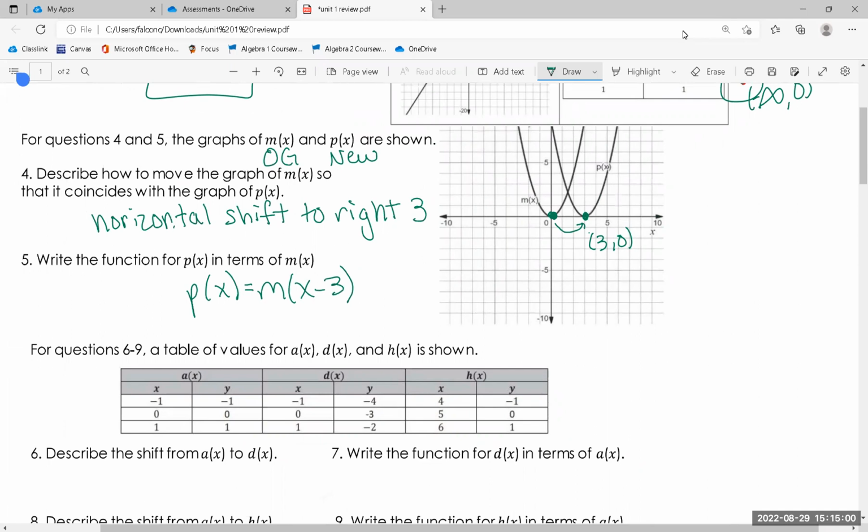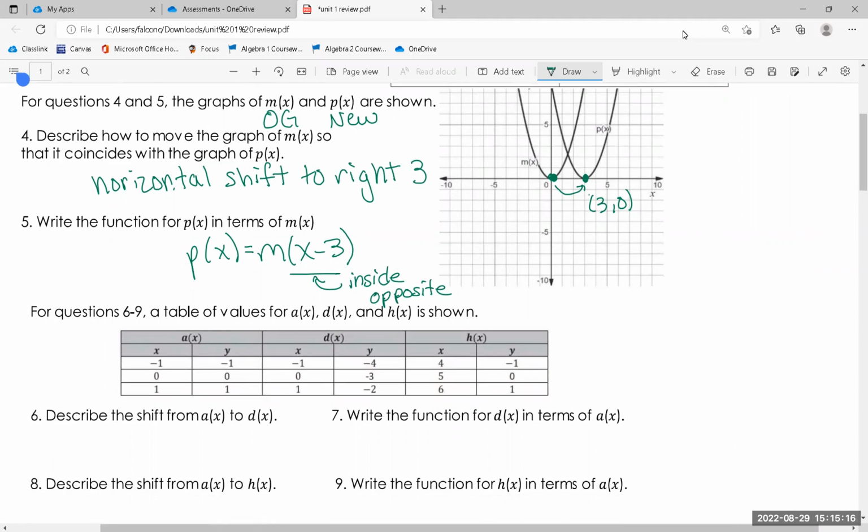Remember, with our horizontal shifts, we are inside the parentheses. And it's always the opposite of what you think it should be inside the parentheses. So we're going to the right 3, but inside the parentheses, we're going to be subtracting because it's that horizontal shift. Right, and we're affecting the x values by doing a horizontal shift. That's why we are inside the parentheses, right next to the x.